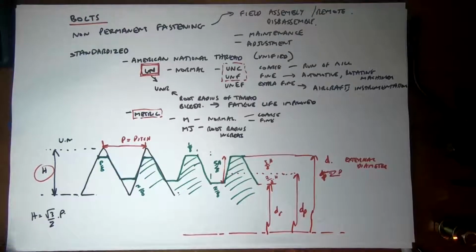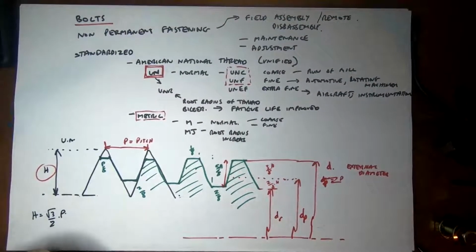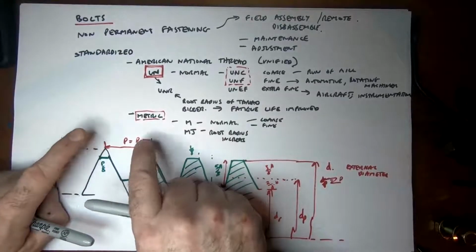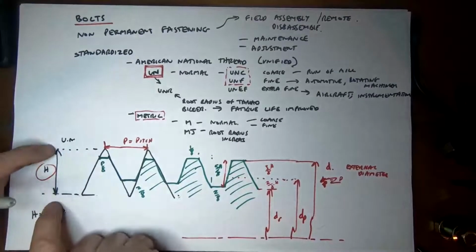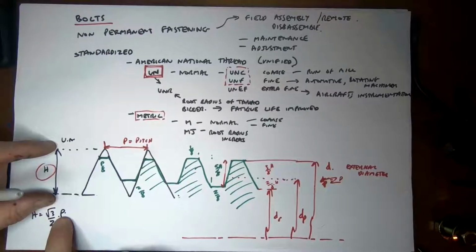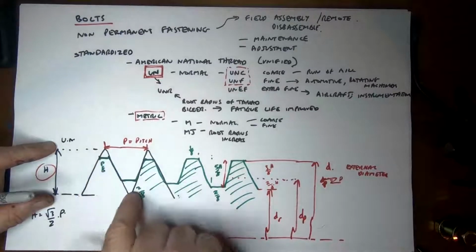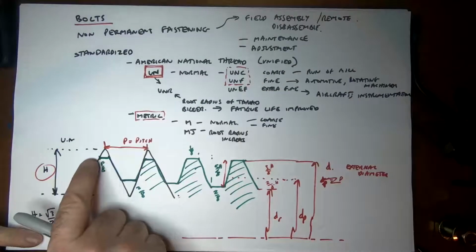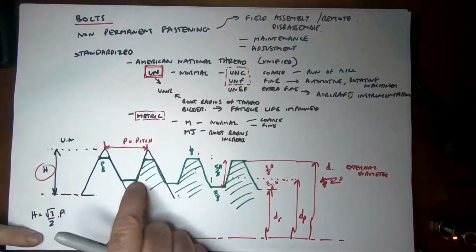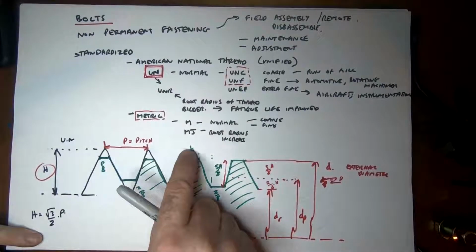Okay, so there's kind of a lot of information there, but just background information. So you have your pitch specified for the type of thread that you want. From that pitch, you can calculate the height. √3/2 times that gives you the height. That equilateral triangle, we effectively lop off the top 1/8 and the bottom 2/8 or 1/4 to make our thread.